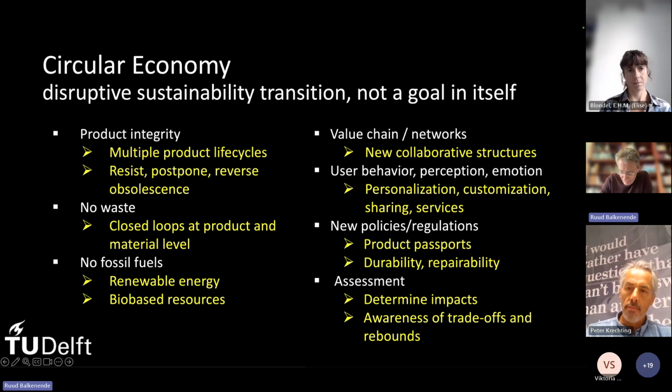Yes, indeed, a very tricky point for many companies. It depends, in the first place, on the company strategy. How important is sustainability, for instance, in the company strategy?